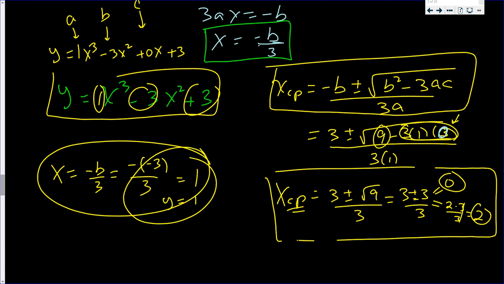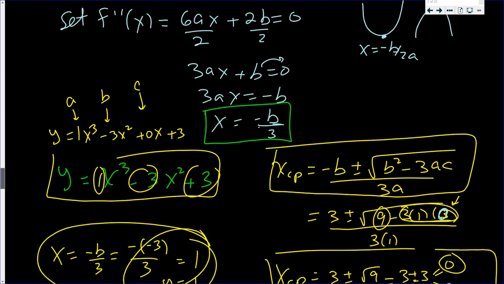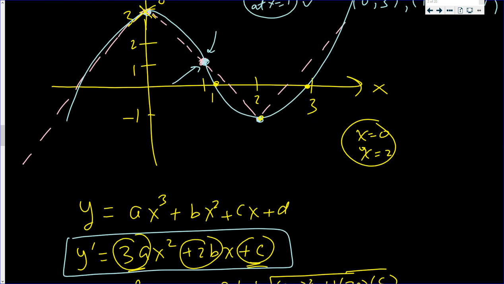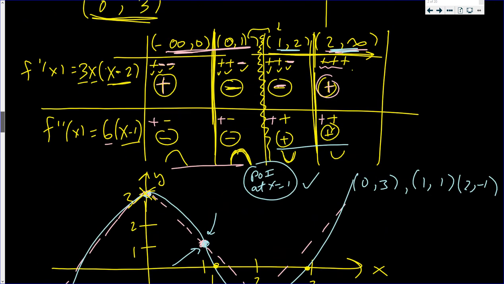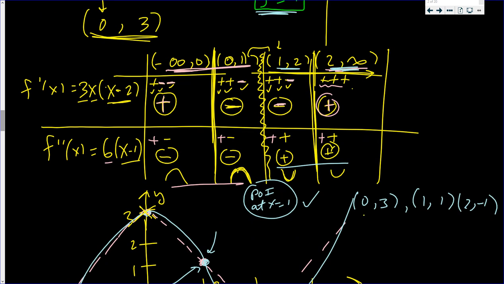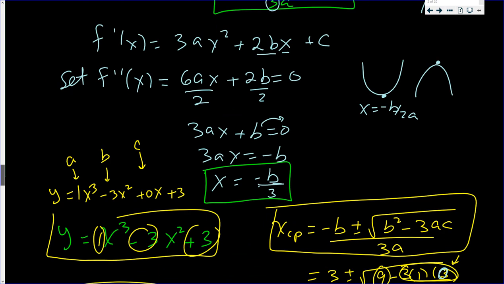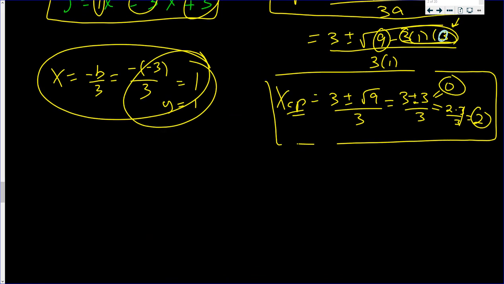Okay, let us graph this. Now first, I'm just going to cheat, and I'm going to recall that when x is 0, y is 3, and when x is 2, y is -1.